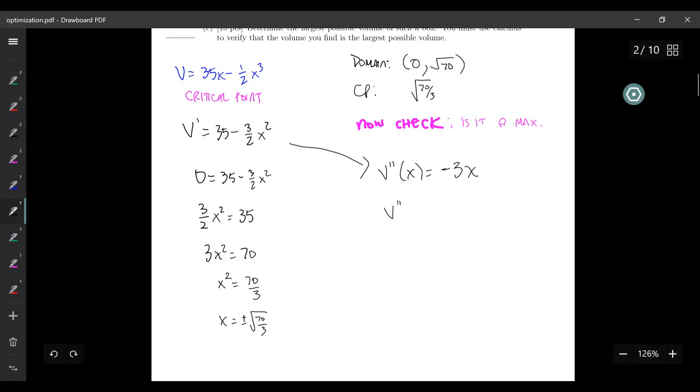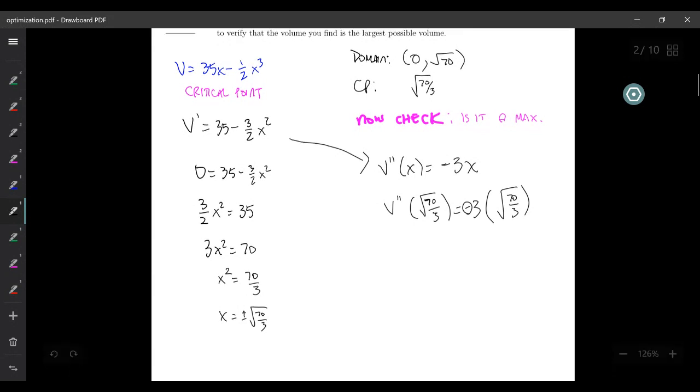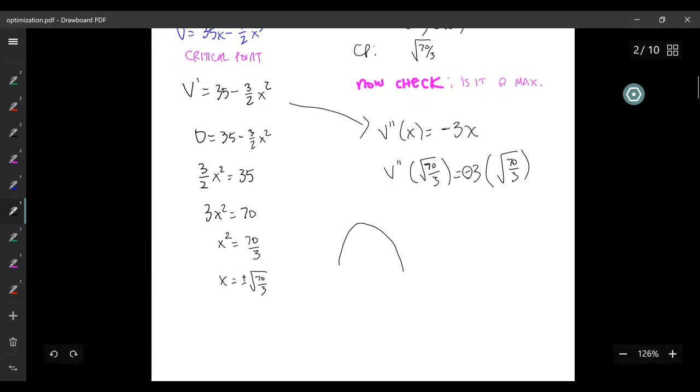And so now if I plug in the critical point, I'm getting a negative 3 times root 70 over 3, which is negative, right? That's the really main thing I want to care about. So that means that we have a concave down graph. Right, so that means that the second derivative test tells us it's a local max. Right.